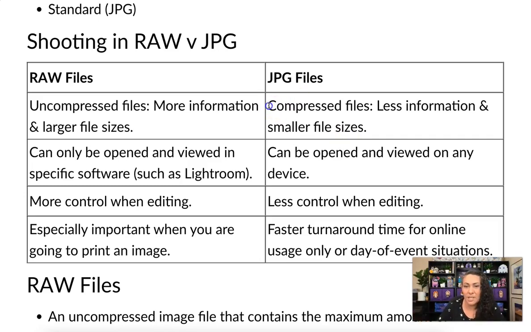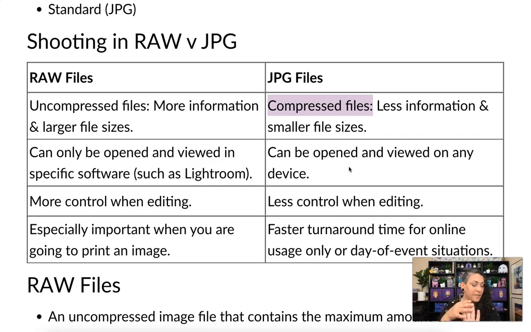Now, JPEG files are compressed files, which means that there is less information and there are smaller file sizes. I've heard people say, well, I like the look of my JPEGs more. And usually when you're shooting a JPEG, your camera applies a preset to it. Usually it has a little bit of contrast and maybe a bit of a color boost.